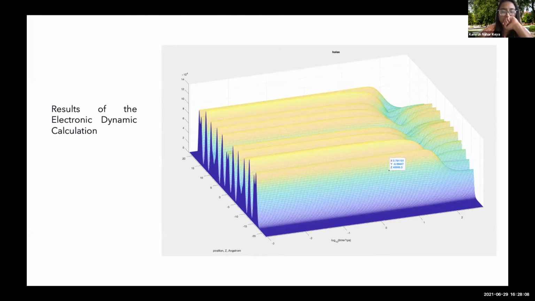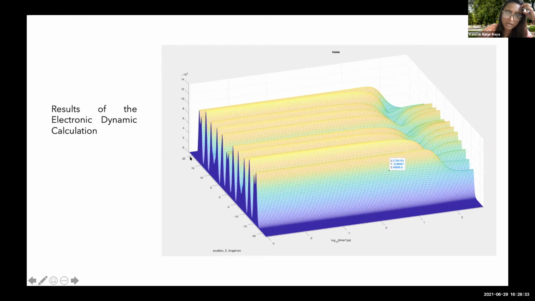This one shows the position in the z direction for the holes, because I chose HOMO -4 and LUMO +4 here.